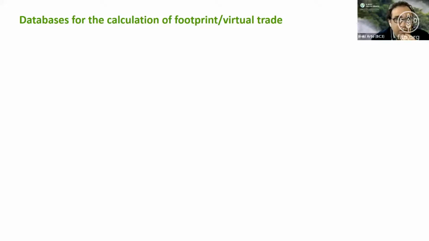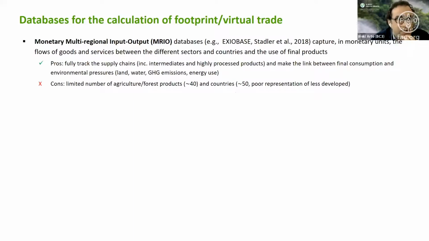There are three main types of database. First, we have the monetary multi-regional input-output databases, like the Exiobase database. These databases capture in monetary units the flows of goods and services between the different sectors and countries and the use of final products. They also have environmental extensions, computing the land use required to produce the primary products that are required to produce the final products.